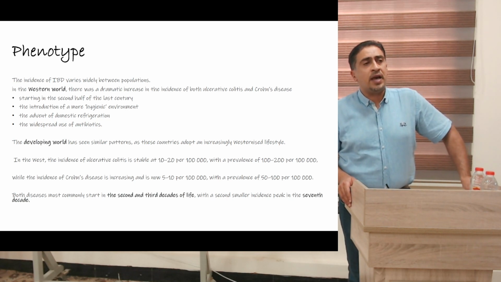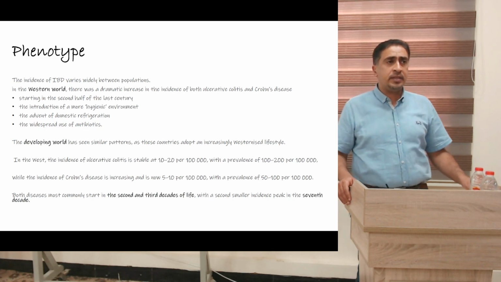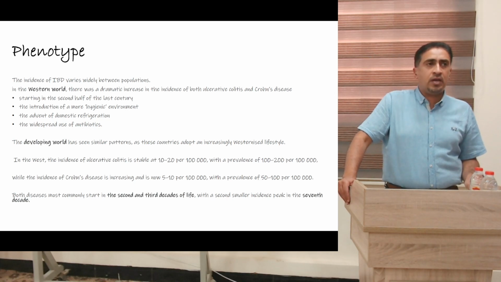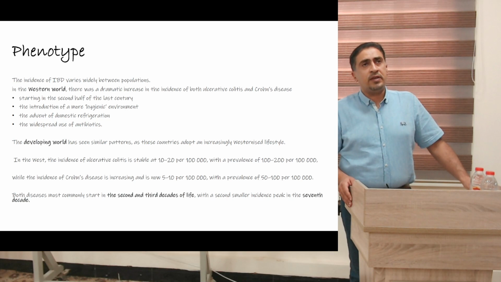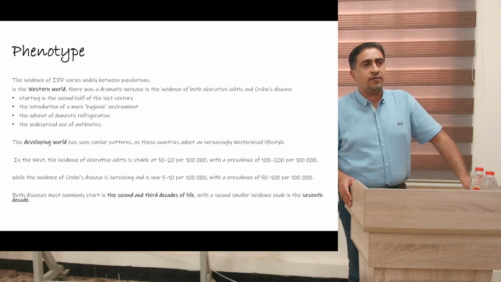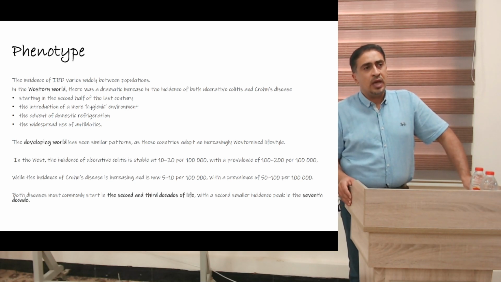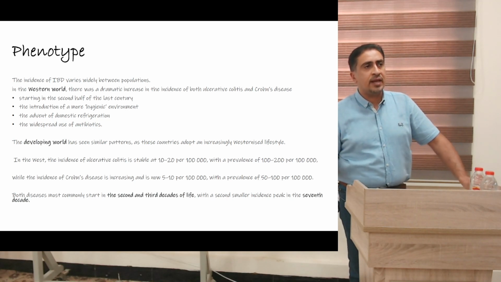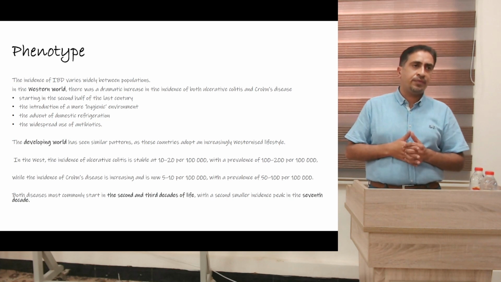Some theories behind this are the introduction of a more hygienic environment, the discovery of domestic refrigeration compared to previous centuries without refrigerators, and the wide use of antibiotics. These are the theories behind the recent increase in inflammatory bowel disease in the last century.